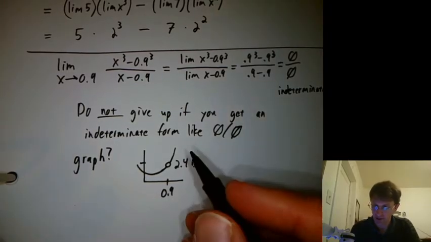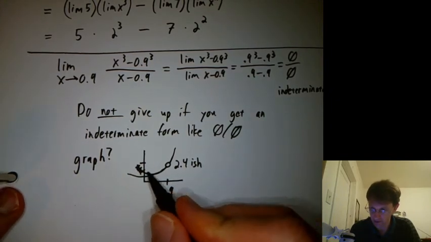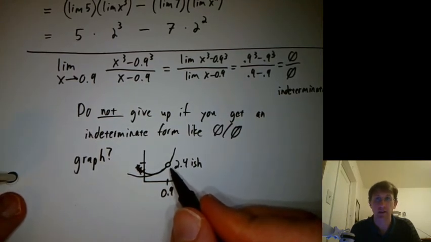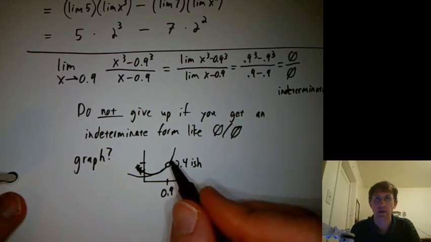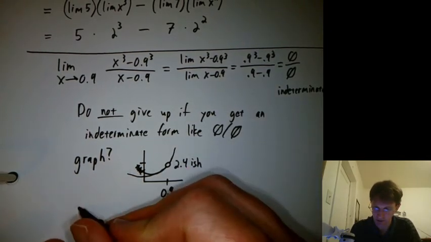So in our graph on Desmos, I guess I got this part wrong. It really looked more like that, but that's not the big deal. The limit still looked like it existed. There was no shooting off to infinity or crazy oscillation or anything.